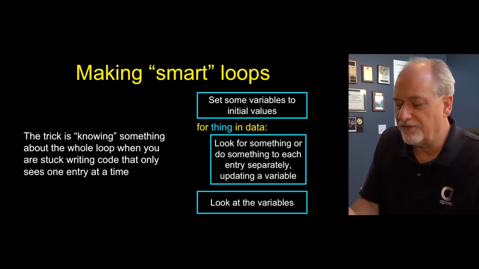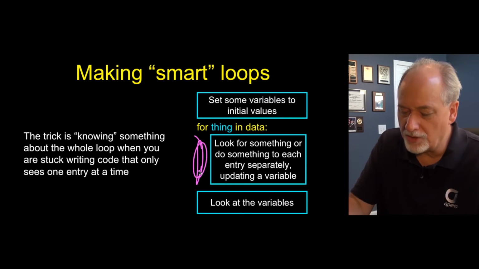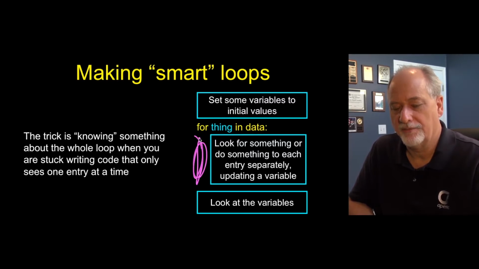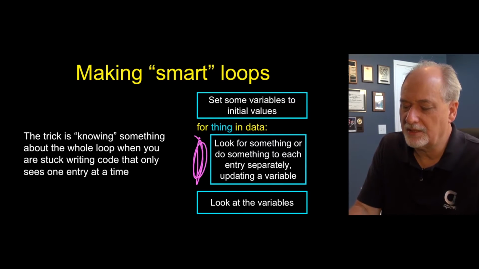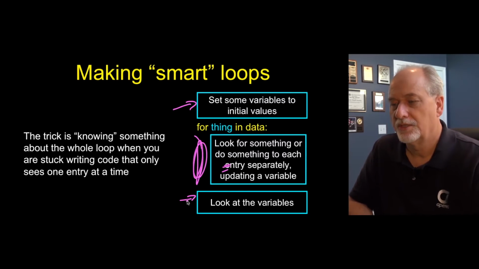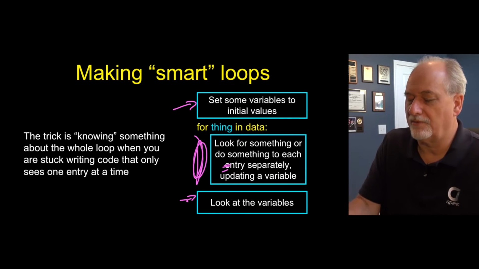And the pattern that we're going to follow is we're going to have this loop that's going to run once for each thing in some chunk of data. We're going to set something at the beginning, and then we're going to do something to each one. And at the end, we're going to get the payoff. We're going to get the result. So if we're summing things, we're going to have a running total.